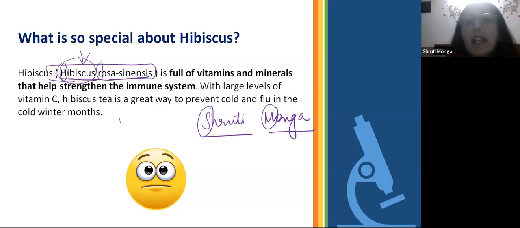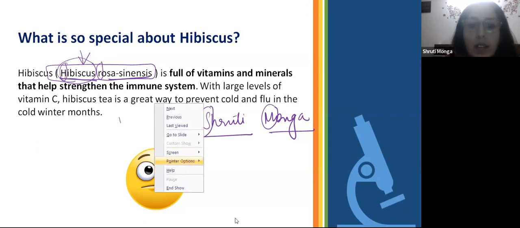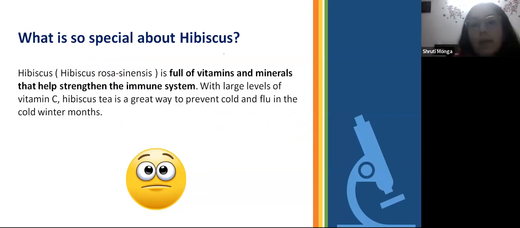This is the basic rule for writing scientific names, because if you write scientific names in the exam wrongly, your marks would be deducted. Okay, fine, I'm erasing it. So this was some basic thing. So what is so special about hibiscus?